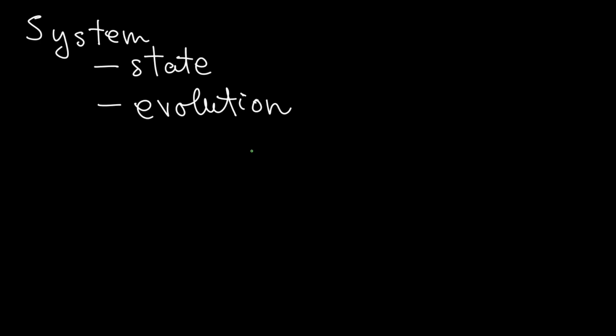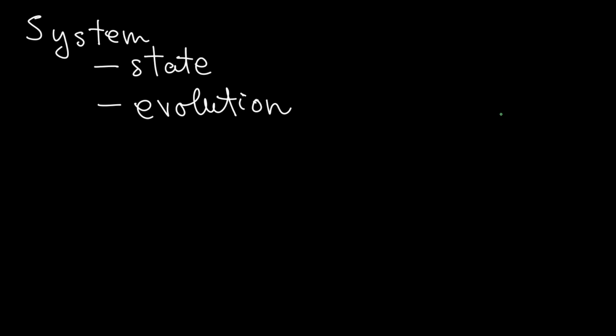Your computer would be some kind of system, and it would have some kind of state. You can imagine the state would be like a screenshot, and then that state changes. The screenshot changes every millisecond or so, and you get a video. So let's talk about that.